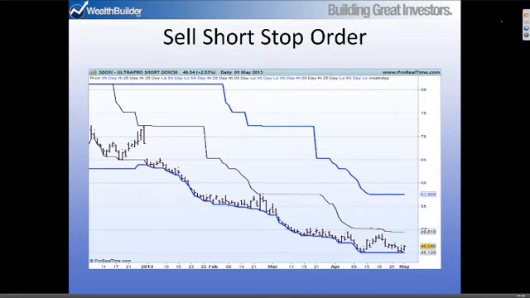Now we want to talk about stocks, particularly using sell short stop orders. If you remember, we talked about shorting last week, and these are the order types that we use to sell short stocks.